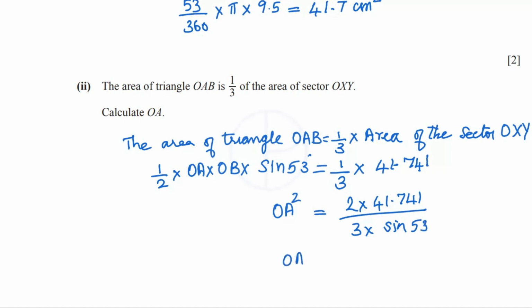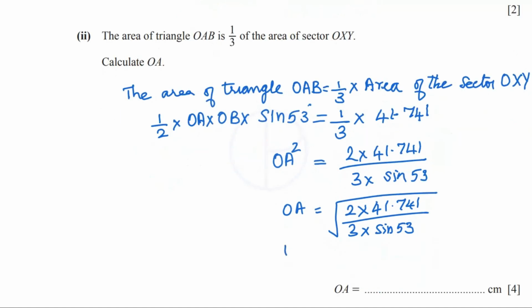So OA is nothing but square root of 2 times 41.741 divided by 3 times sine 53. Simplifying this, we get OA as 5.90.